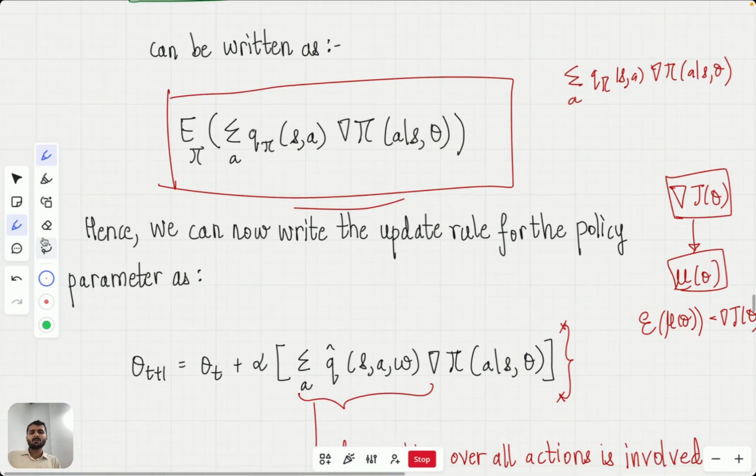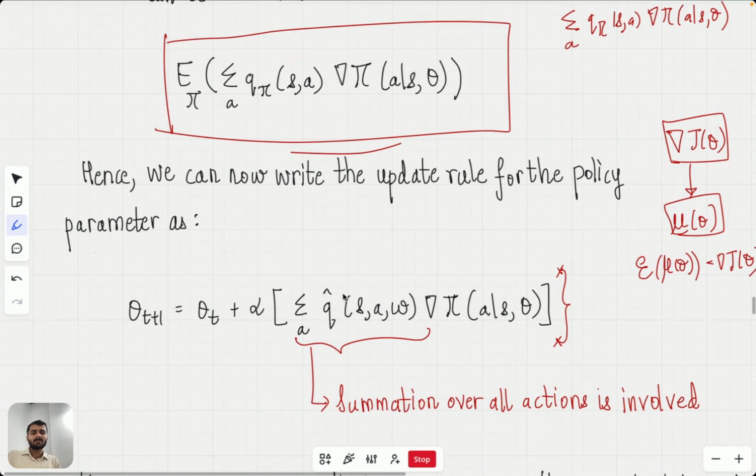And now the update rule for the policy parameter can simply be written as this, where we write theta t plus 1 equal to theta t plus alpha times summation of, notice that we have written q hat here, which is the approximate action value function, and we have written w here, which are the weights.